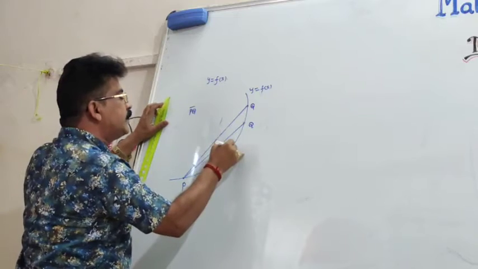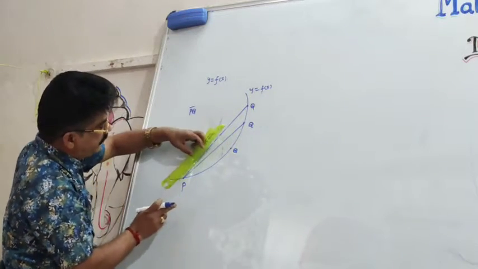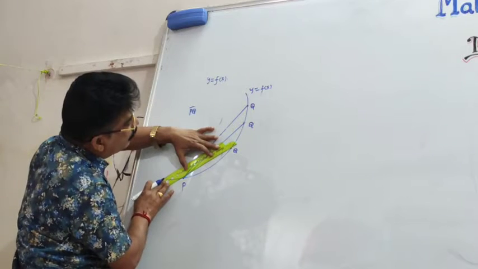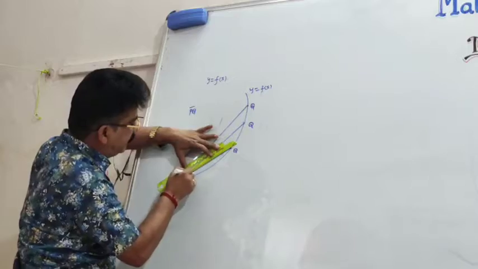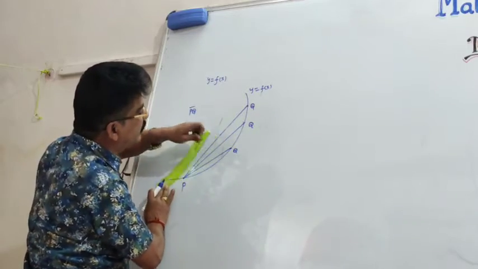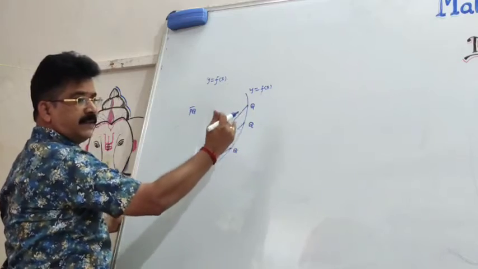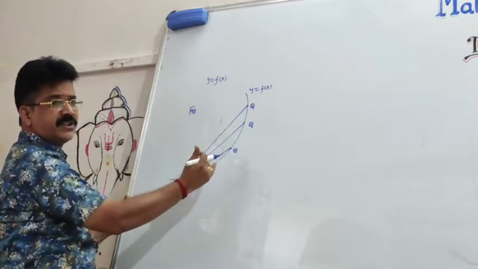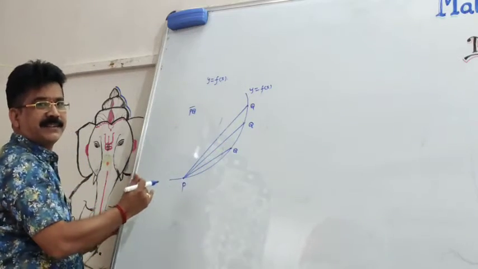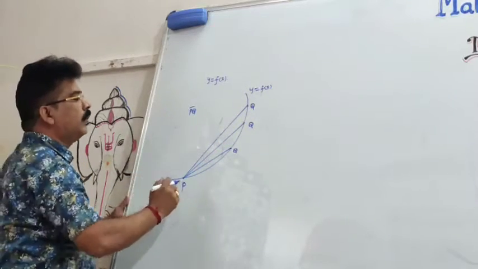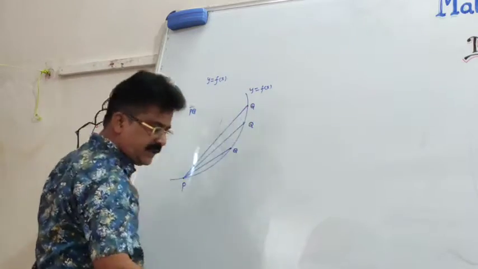Later, if Q is here, then the chord will become like that, of course with 6 units. Gradually the length of the chord is diminished, or decreased. Understand? So here, what does it mean?